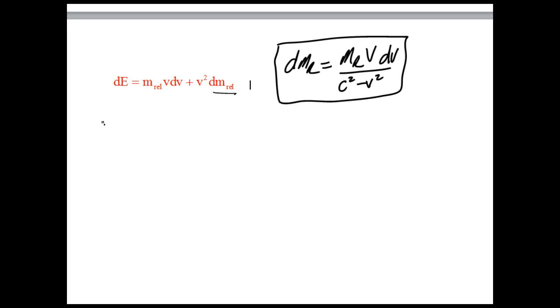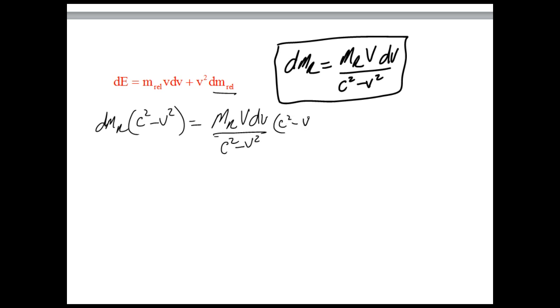So let's take dm relative times c squared minus v squared is equal to mass relative times velocity dv, divided by c squared minus v squared, and multiply by c squared minus v squared. These cancel. That leaves me with the derivative of relative mass times c squared minus v squared is equal to relative mass times velocity times the change in velocity.